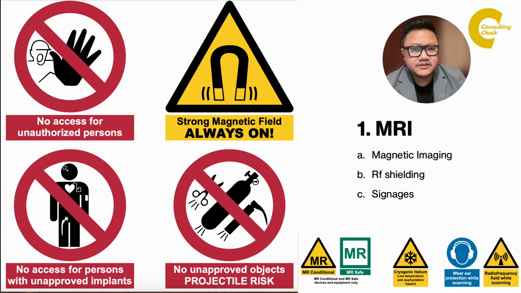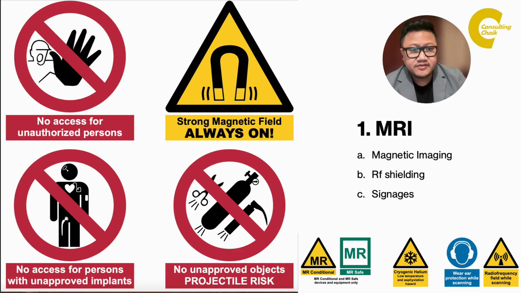For MRI, it is very important that we safeguard the vicinity from any unwanted metals which can disturb the equipment. So it is very important that the staff stay very vigilant about these things, and the signages are very important for MRI.